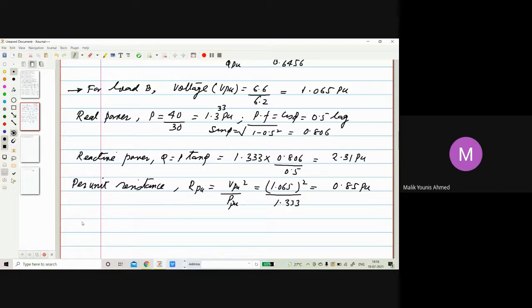So next is per unit reactance, X_PU. 2.31.